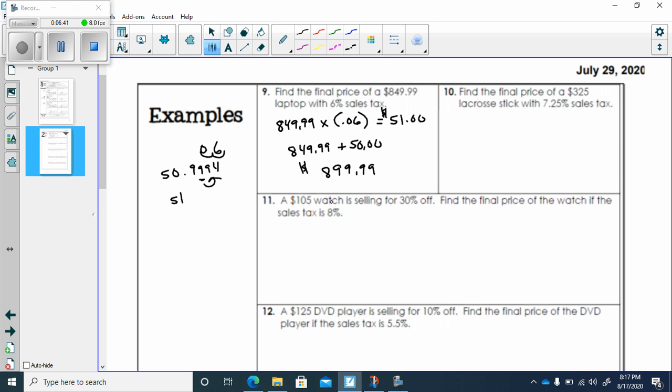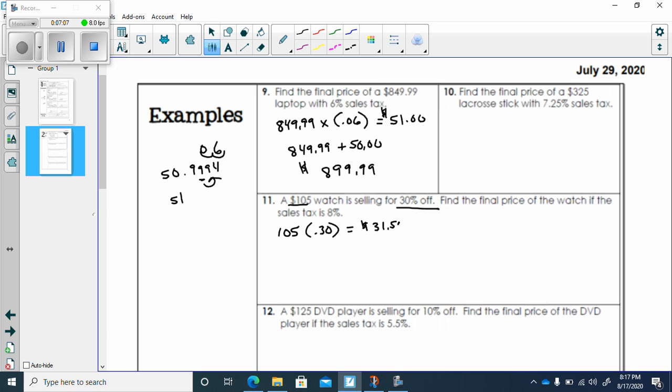I've got a $105 watch selling for 30% off. So let's find the total price of the watch first. 105, we multiply that by its discount, 30% off. 105 times 0.3, I've got $31.50.